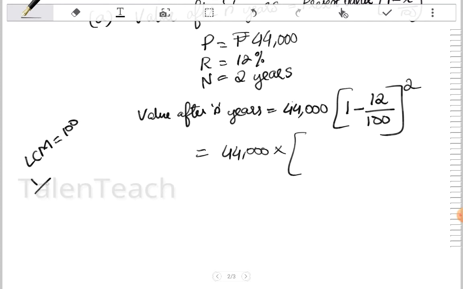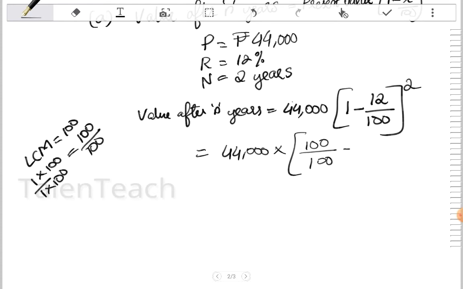So to make the denominator 100, we will multiply by 100 in the numerator also, which is equal to 100 by 100. So 1 we can write as 100 by 100, and 12 by 100, the denominator is already 100, so we don't have to make any changes.